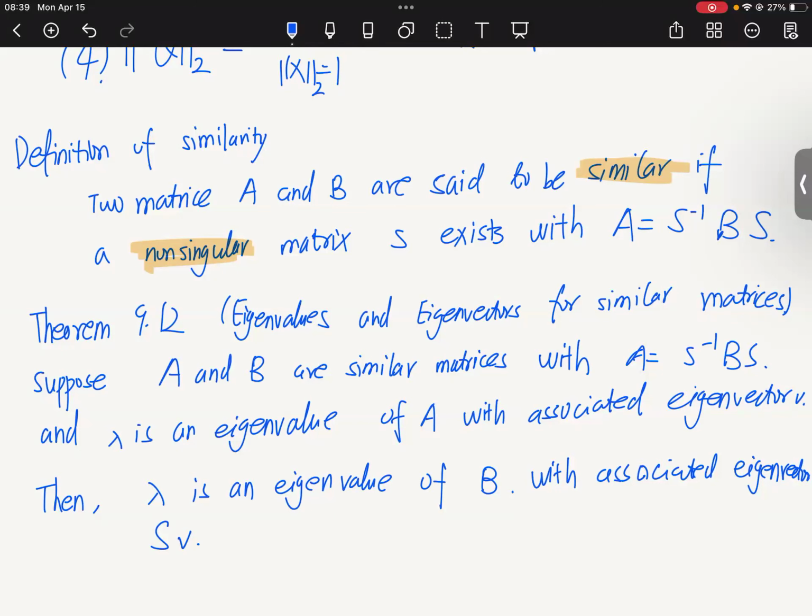So this is one theorem, and we will use it to derive the second algorithm for approximating eigenvalues. We are not going to prove the theorem; we are just making use of it to derive the algorithm.